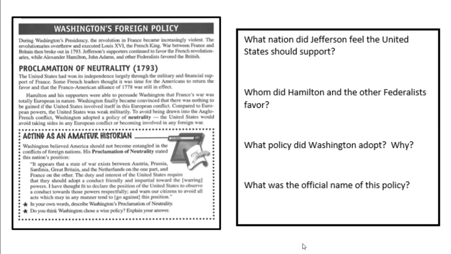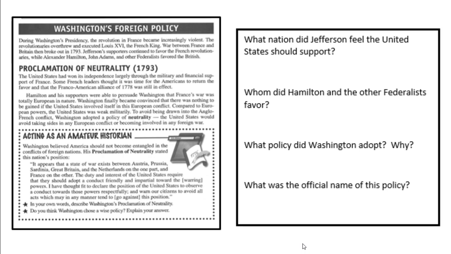The policy that Washington adopted was the Proclamation of Neutrality, and we can look on the screen here where it says acting as an amateur historian, and it says in his own words that it appears there's a state of war existing between these European nations. The duty and interest of the United States require that they should adopt a conduct friendly and impartial towards the warring powers.